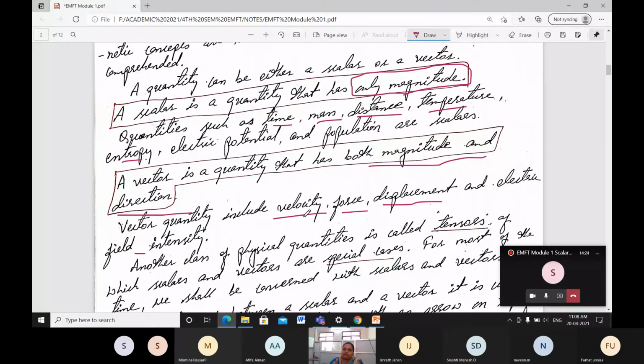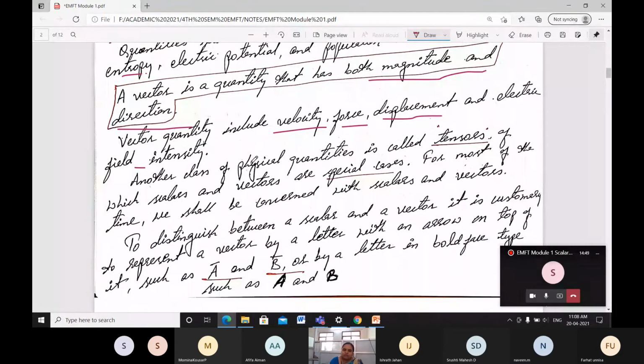Likewise for force exerted on a body or element, in which direction it moves. If it has both magnitude and direction, we call it a vector quantity.